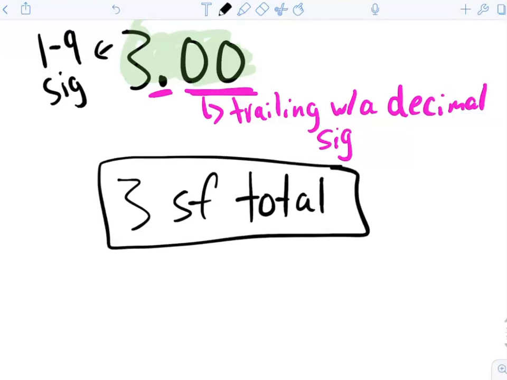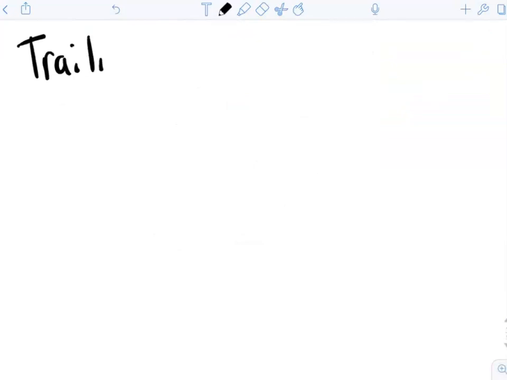Now, if we did trailing with a decimal, then we need to talk about trailing without a decimal. So trailing zeros without a decimal.